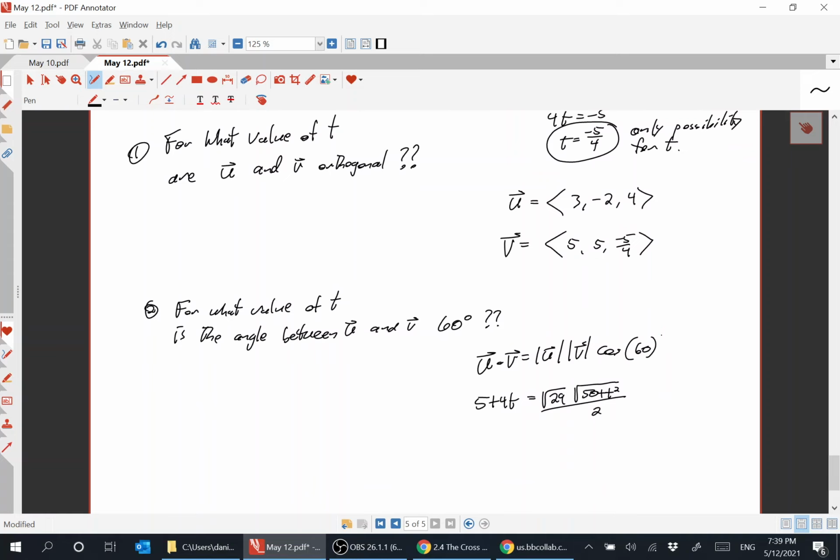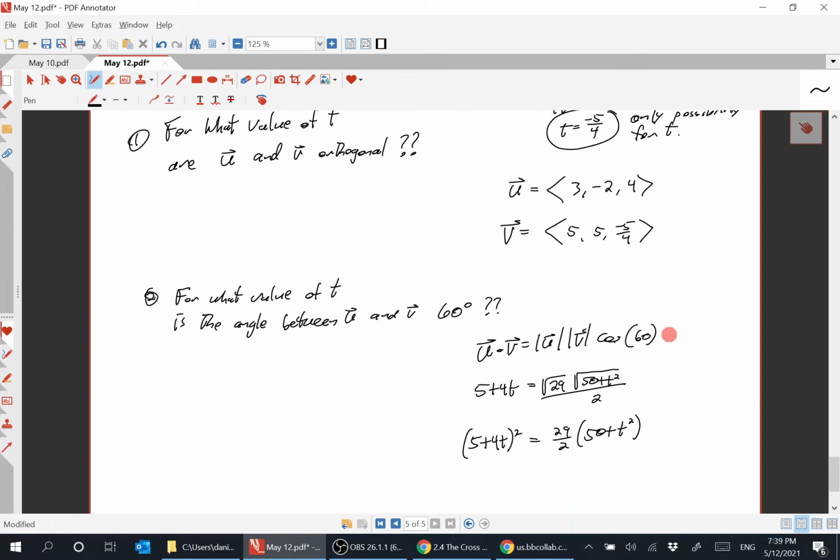What's the problem here? Can we solve that? We can. You'd have to square both sides. So you get 5 plus 4t squared is 29 halves times 50 plus t squared.